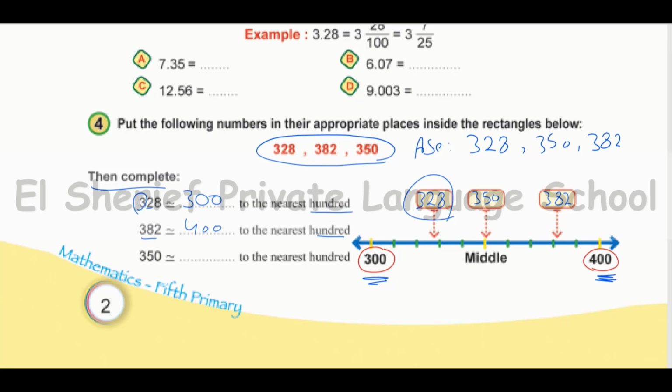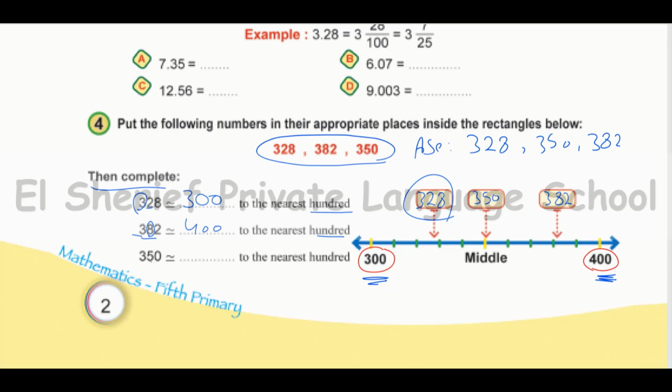If we have the tens place more than 5, we increase the 100 place. So 382 becomes 400.